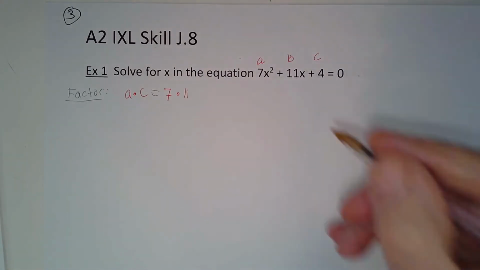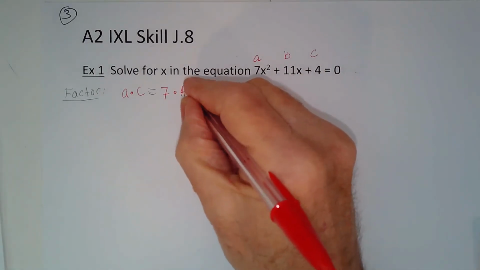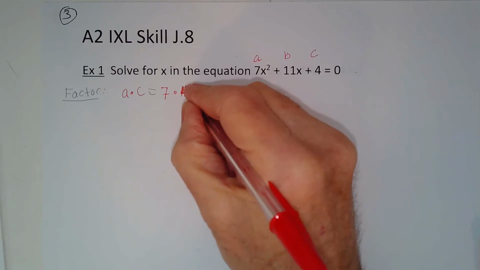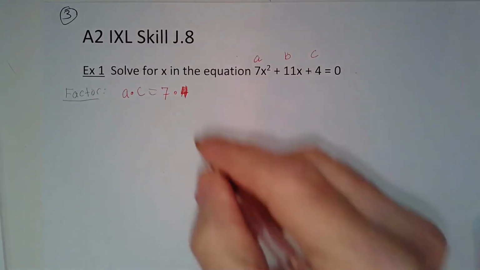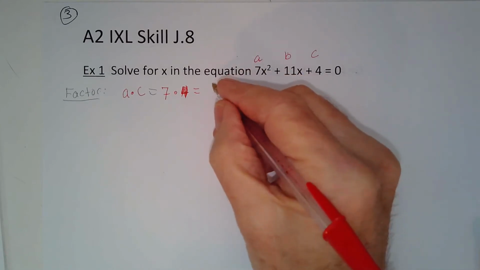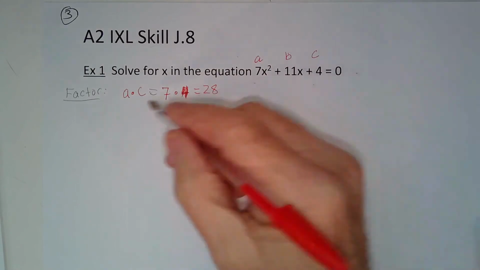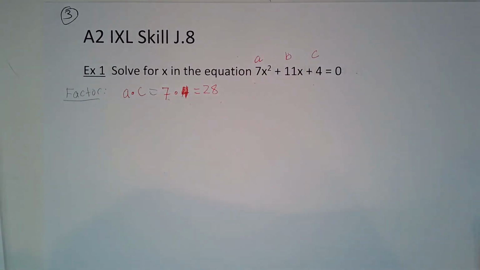I'm sorry, not 7 times 11, it's a times c, so 7 times 4. Let's change that to 7 times 4, okay? And 7 times 4 equals 28. So again, a times c is 7 times 4, which equals 28.